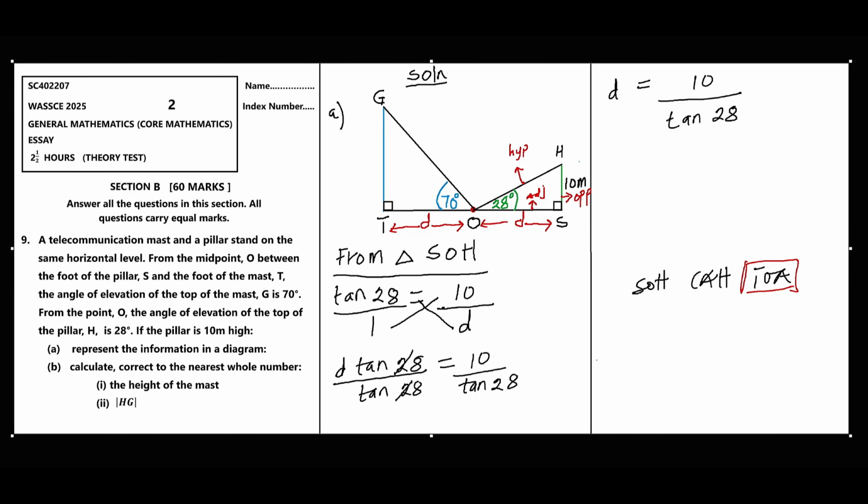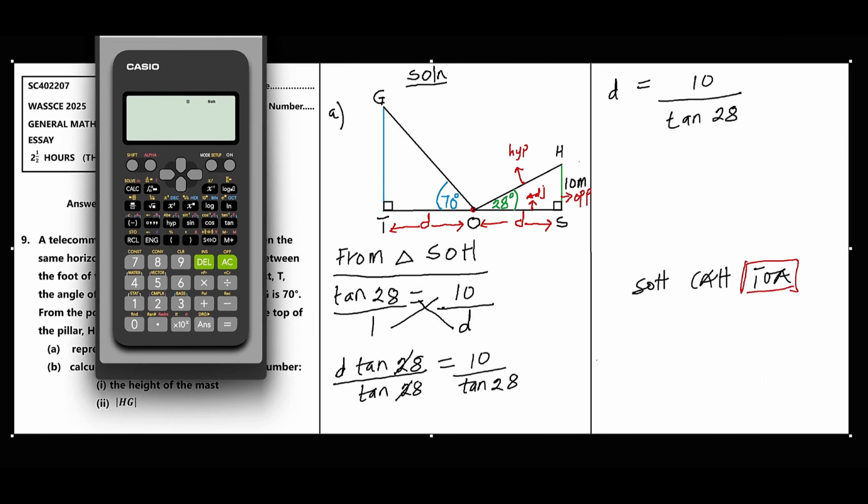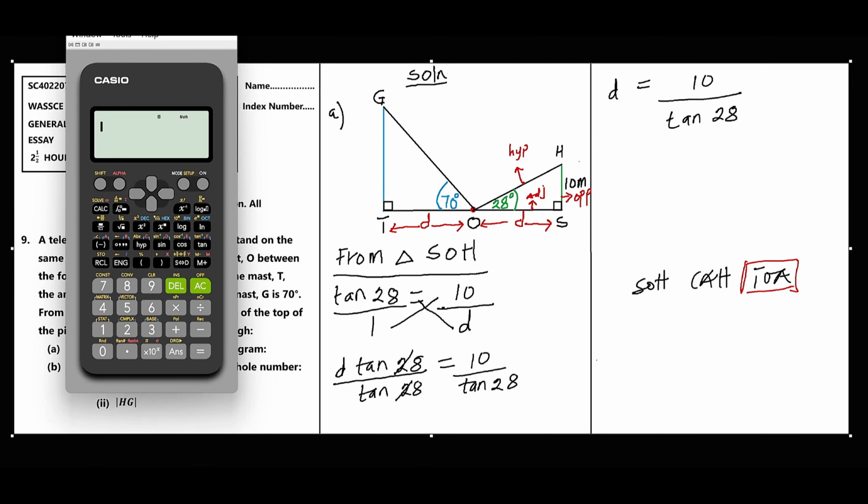So on the calculator, let's see, 10 over tan 28. To 4 decimal places, 18.8073.